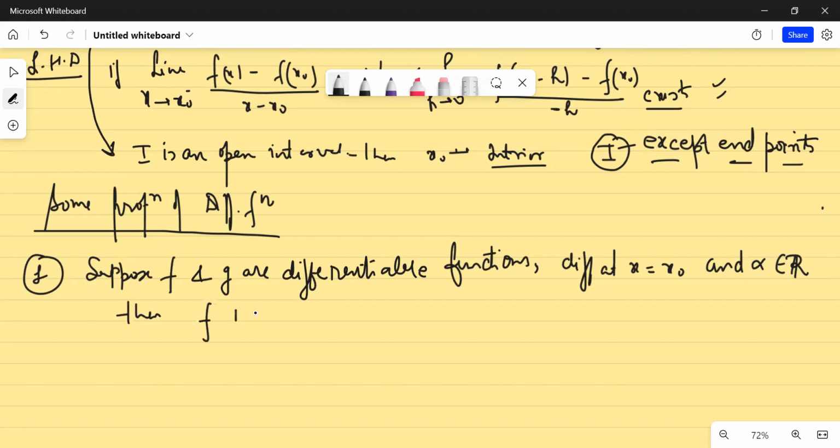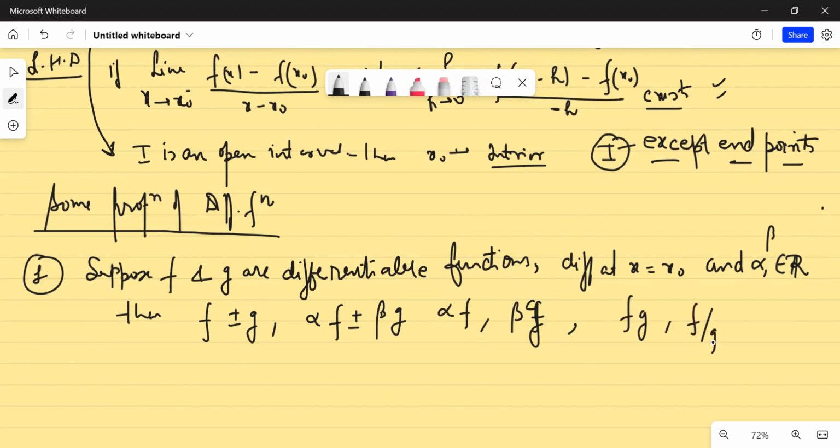f plus minus g, in fact alpha f plus minus beta g, or you can say alpha into f, or you can say beta into g. In fact, you can also see that f into g, and f divided by g provided g of x naught is non-zero, are all differentiable functions.